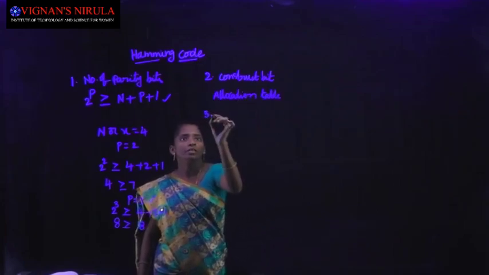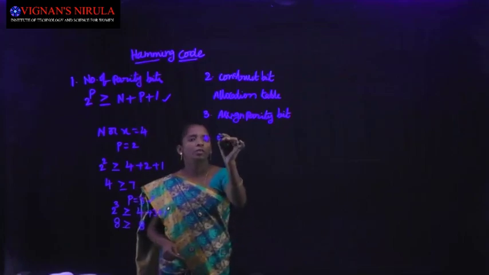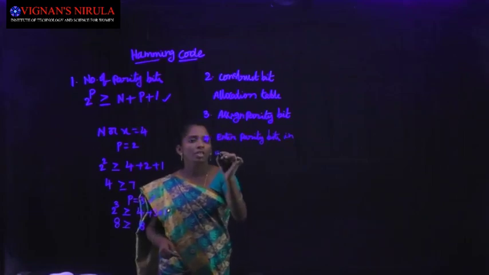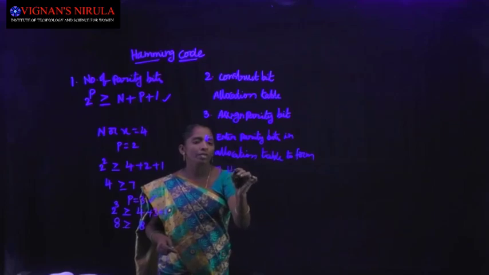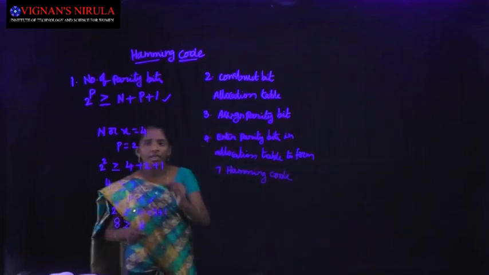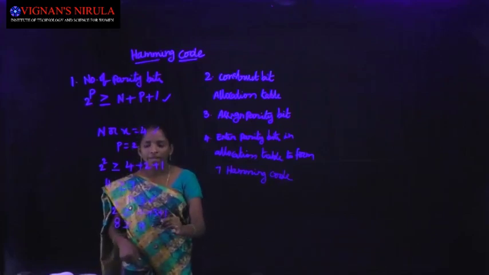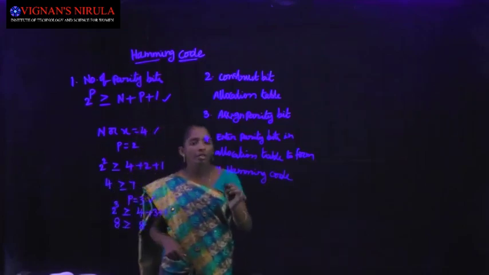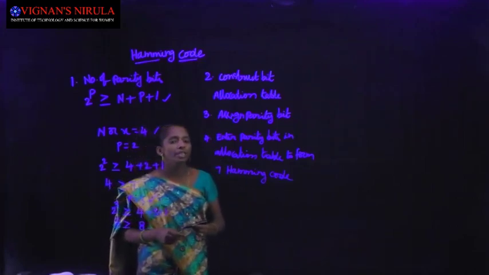In the third step, assign parity bits. In the fourth step, enter parity bits in the allocation table to form the 7-bit Hamming code. Here information bits are 4 bits and parity bits are 3 bits, so 4 plus 3 is 7. So here we are going to design Hamming code for 7 bits.